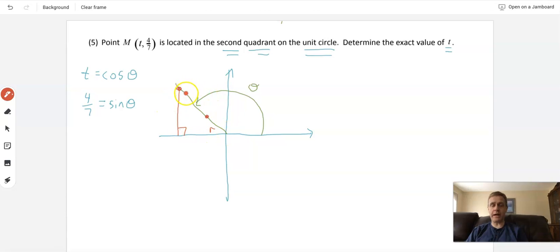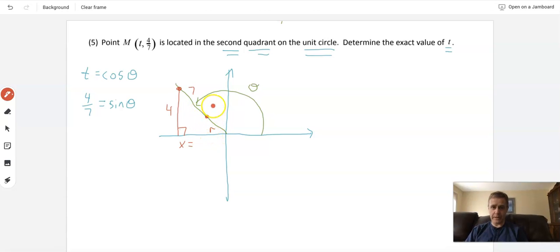So in this right triangle, always from the perspective of the reference angle, I'm going to label the opposite side as having value of 4, and the hypotenuse I'm going to label as 7. And then from here, we're going to need to solve for what this side x is. And we can do that by utilizing the Pythagorean theorem.